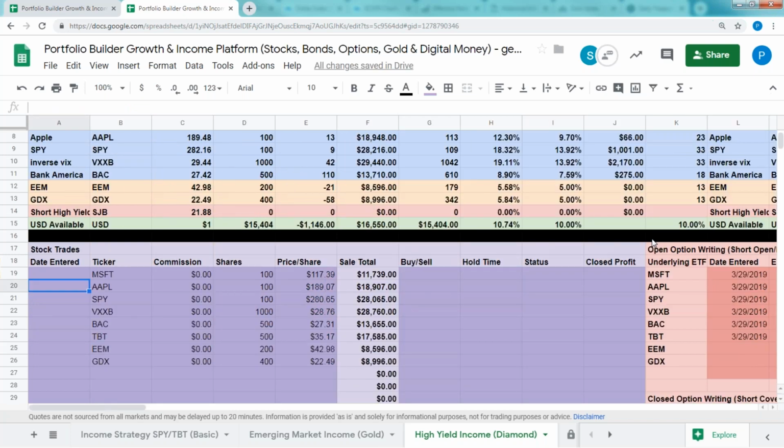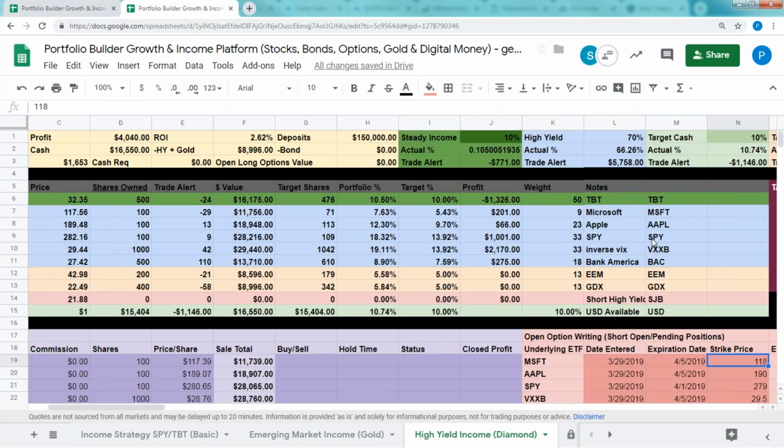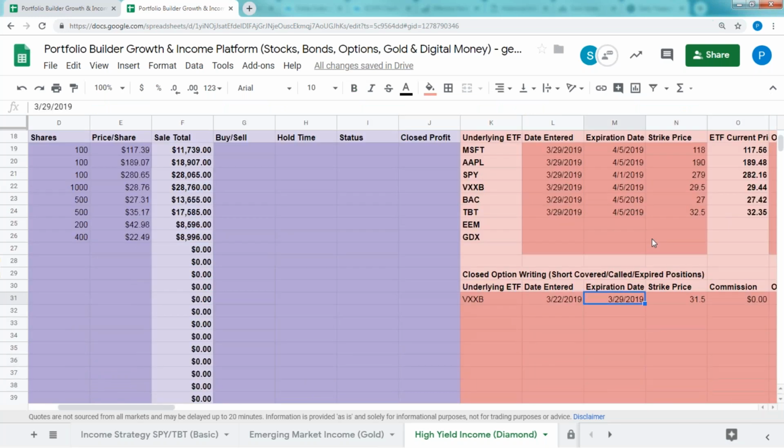Even better. 4,000 profit. The other TBT was on 322. It was the 33 call at 42 cents.